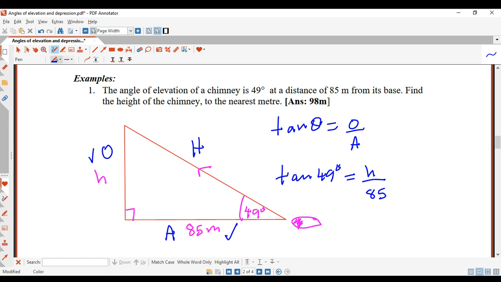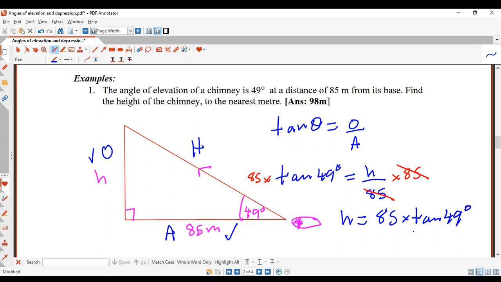I'm going to times both sides by 85 to get the h by itself. That 85 cancels with that 85, so you're left with h. So you've got 85 times tan 49. You've got to get your calculator out and work that out.